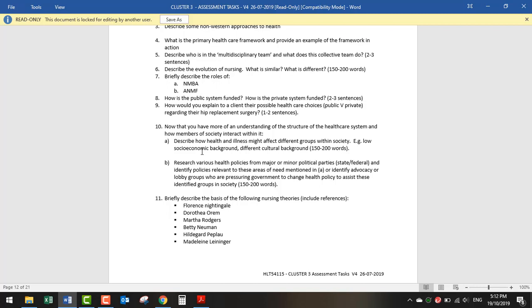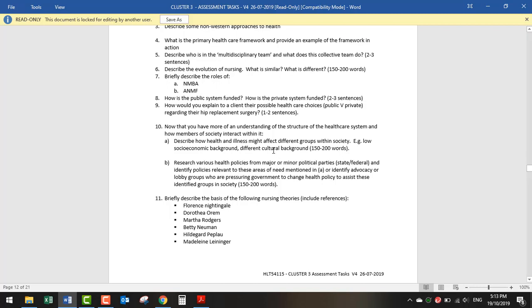What is the Liberal or Labor Party or the Green Party saying that they will do to help people who live remotely to access health and well-being? What's their health policy around remote areas? What's their health policy around people who are from a low socioeconomic background or who are unemployed, who are on benefits?